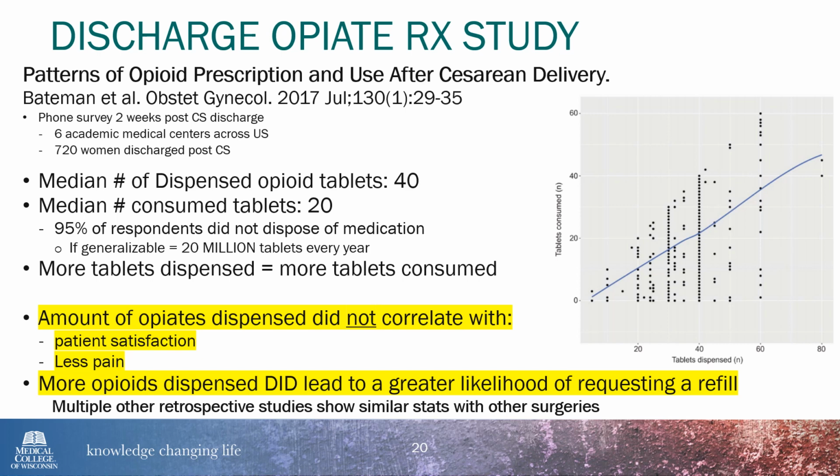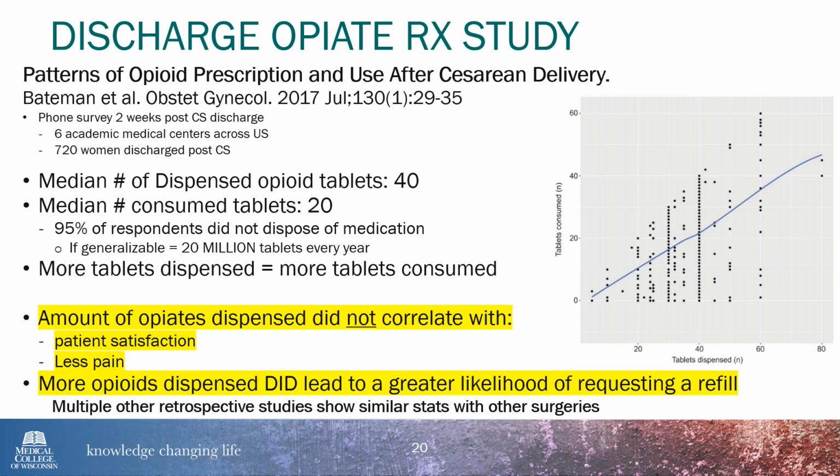What you see is, interestingly, if you look at that blue line on the right, the more tablets people are dispensed, the more tablets they consume. People tend to use about half of their script, no matter what, in this study. And what was also really interesting is that one would think that patients that had more medications prescribed to them had higher satisfaction scores.